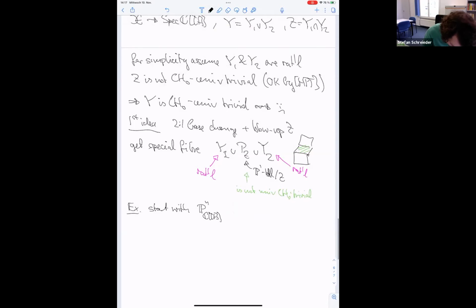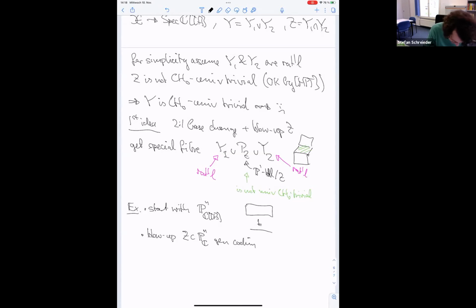So let's start with the constant family over the power series ring, and then we blow up a general... okay, sorry, I'm a little bit confused.